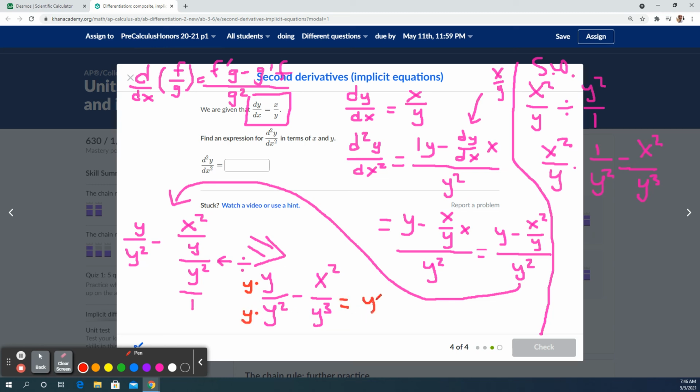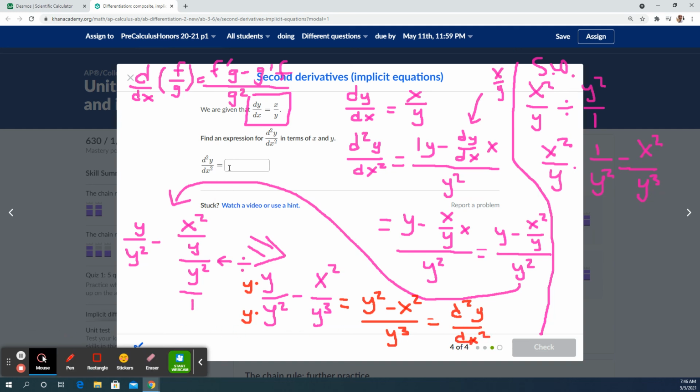That's going to give me y squared minus x squared all over y cubed. Okay, so this is y cubed on the bottom, y cubed on the bottom. So the answer has y cubed. This is y squared minus x squared. Okay, so this is as simple as I can make it for d2y/dx2, the second derivative of y.